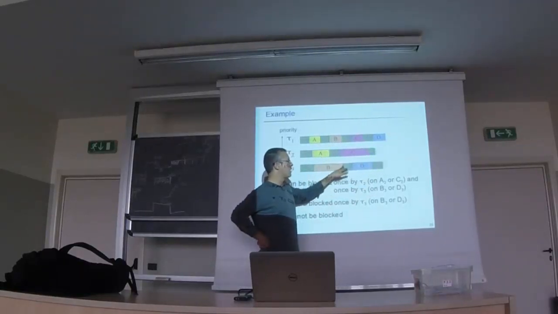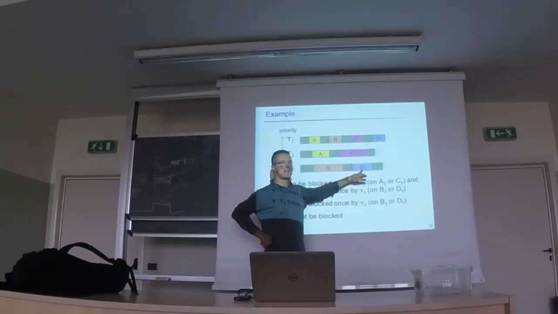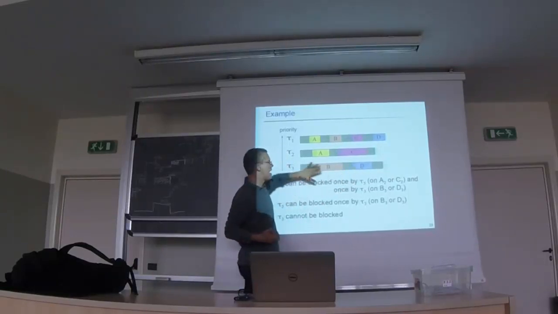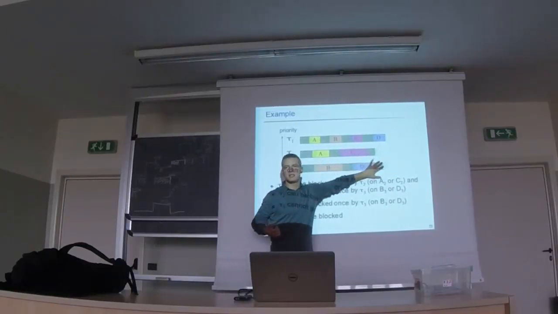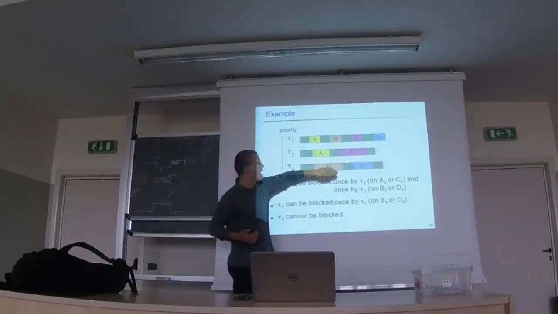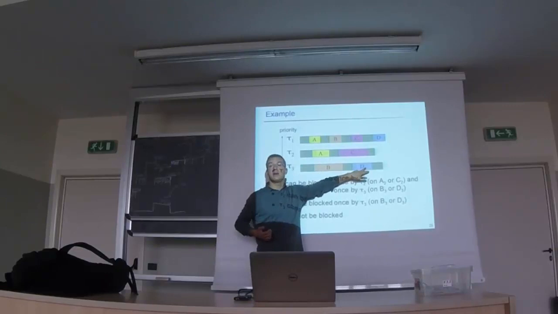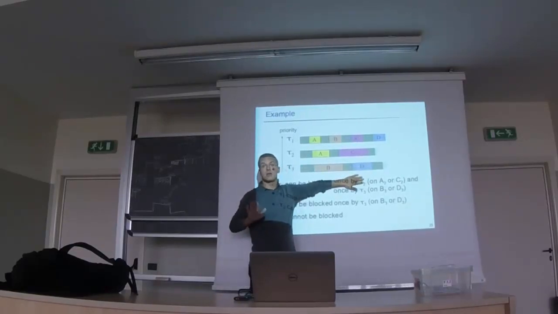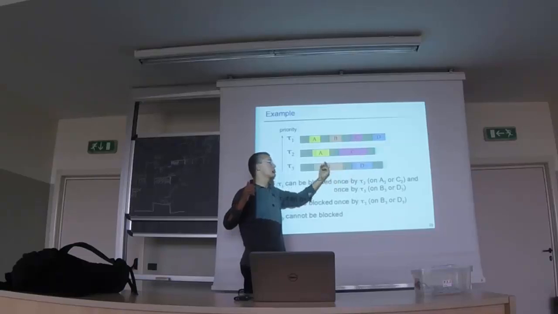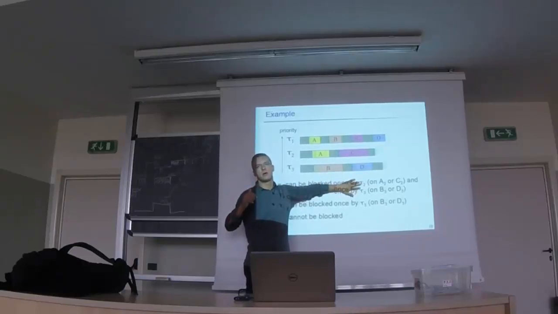So it will never be able to start another critical section. This is the root cause, the basic reason why I can only be blocked once by this task. If I had another low priority task that accesses D, then yes, I could be blocked twice, once on B and once on D.